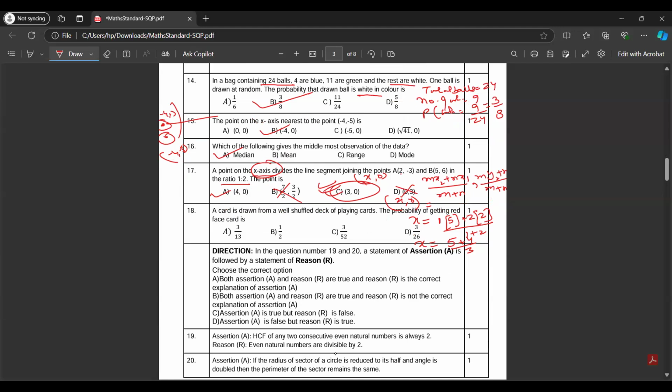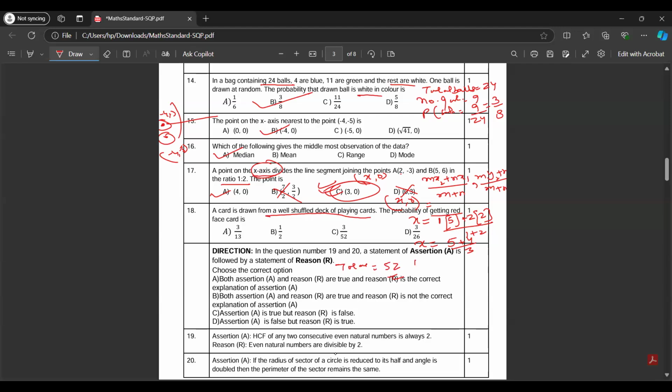Okay, let's check. A card is drawn from a well-shuffled deck of playing cards. So total playing cards are 52. And getting a red face card. So how many red face cards will be there? 4, I guess. 4, beta? Yes, ma'am. So 4 by 52. See, face cards, no, 3 red cards.